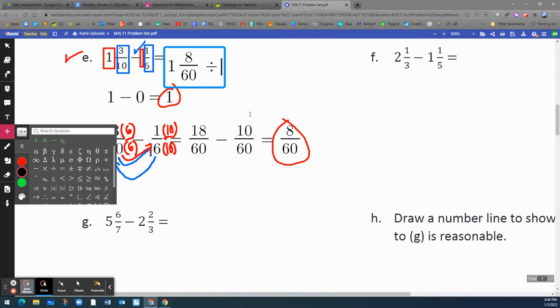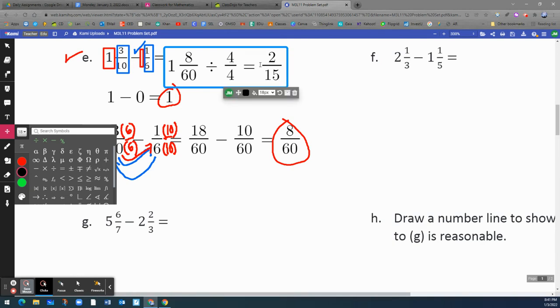So that's going to be divided by 4 over 4, okay? And that is going to equal 8 divided by 4, which equals 2, and 60 divided by 4 equals 15.